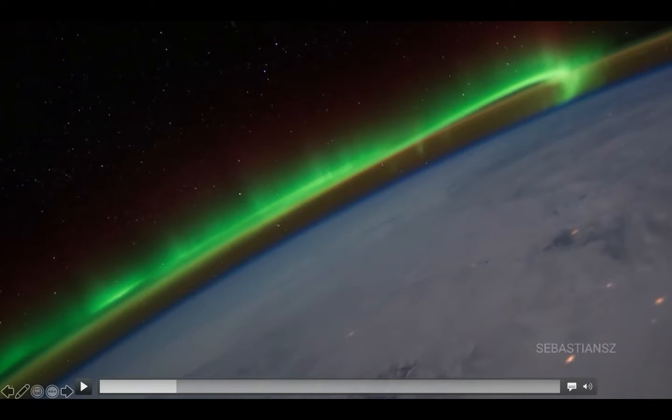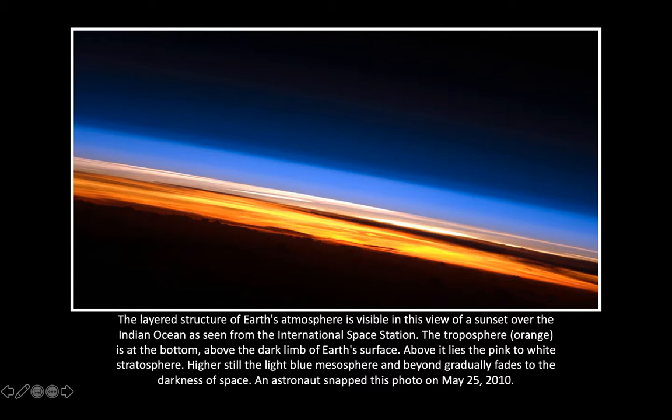So if I paused here, you are able to see that this line of the green is going to be the bottom part of the ionosphere, and that this top part is going to be the upper part of our ionosphere. So you're able to see the kind of layers of our atmosphere. So we see the troposphere here in orange. And then the pink, kind of white, is our stratosphere. And then the light blue is our mesosphere. And then it gradually fades out into the thermosphere and into space.